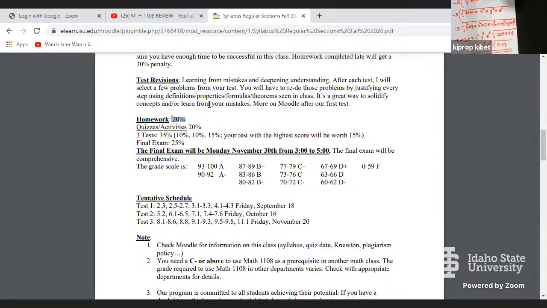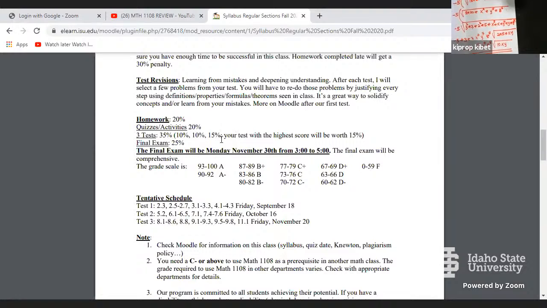Okay? So if you don't do your homework, then you might be missing like 20%. And then your quizzes are 20%. Okay? And then your exams. So exam 1 is 10%, exam 2 is 10%.